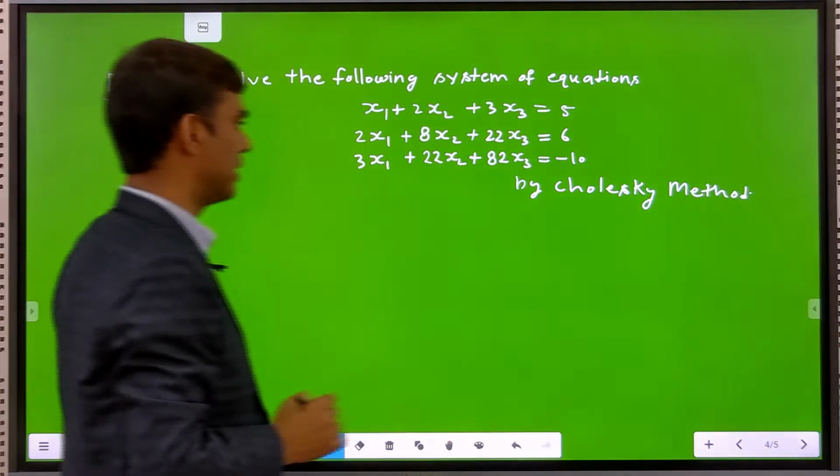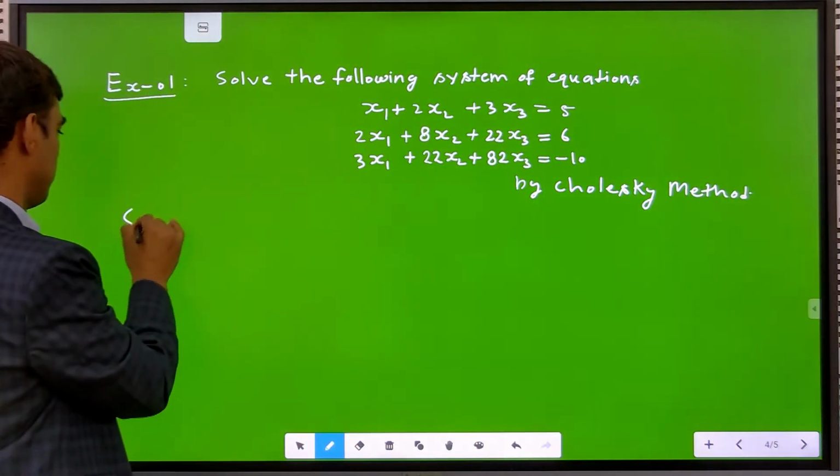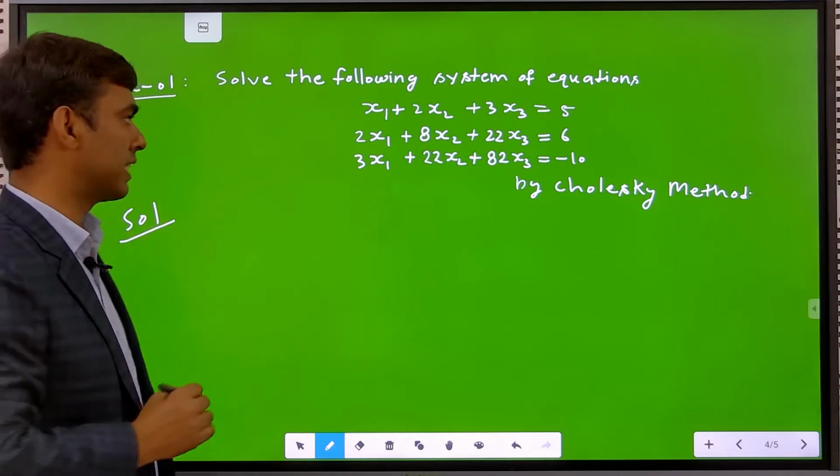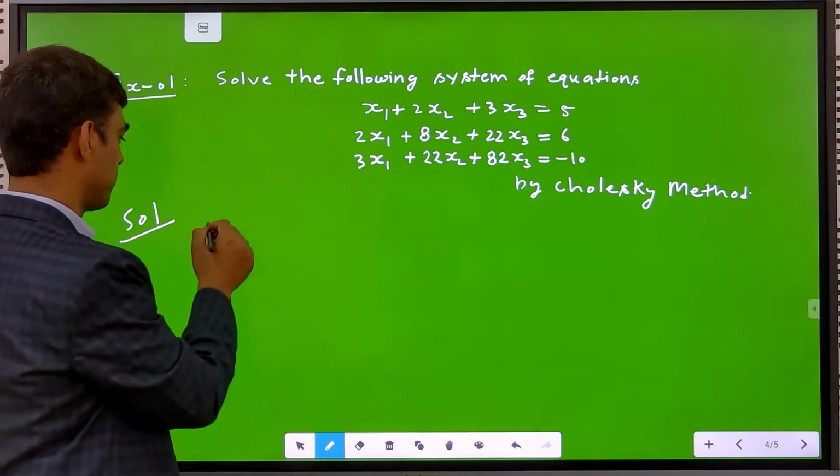Now, how do we find the solution? First of all, we write the given system of linear equations in matrix form.